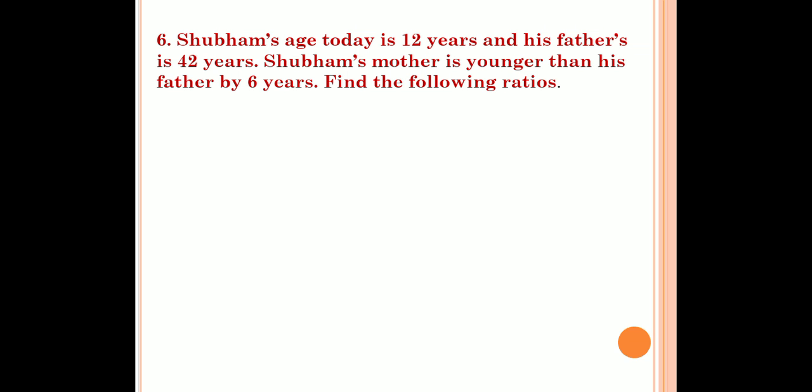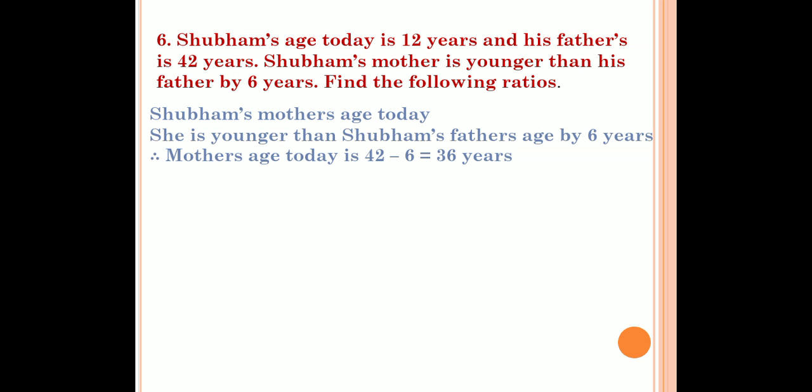Now we know Shubham's age and we know Shubham's father's age, but Shubham's mother's age has not been clearly mentioned. They have said that Shubham's mother is younger than his father by 6 years. So we have to first find out the mother's age and then solve all the ratios.